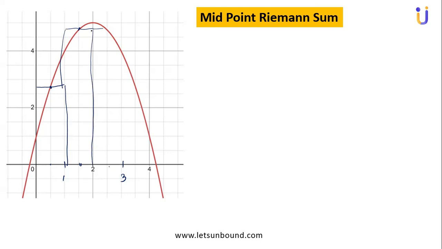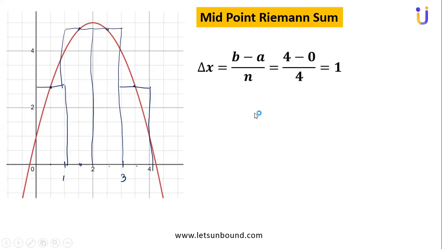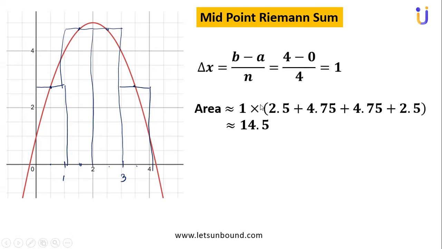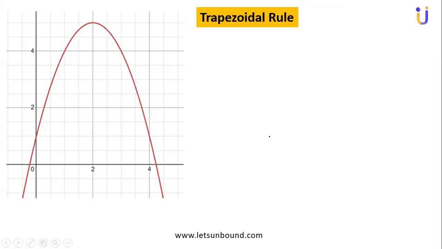And here you can go this way. And between that, the graph is over here. Since it's a parabola, we got symmetric rectangles. But yeah, some difficult graphs will also come. So del x is the same, and the area is found like this. We have approximated it, it's around 14.5.